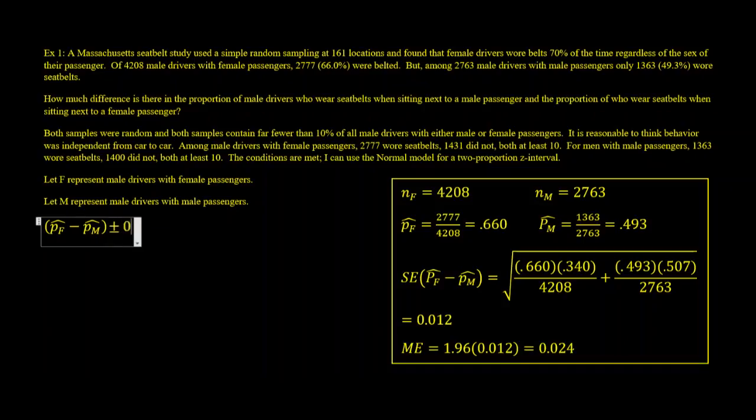And this will be plus or minus the 0.024. Now this comes out to be 0.167 plus or minus 0.024. So our 95% confidence interval will be 0.143 to 0.191.